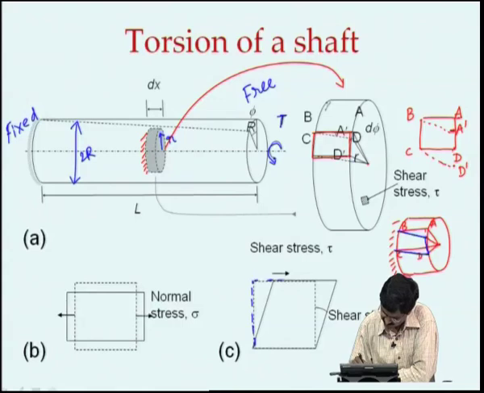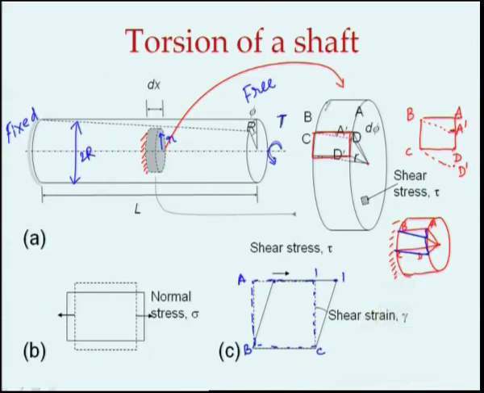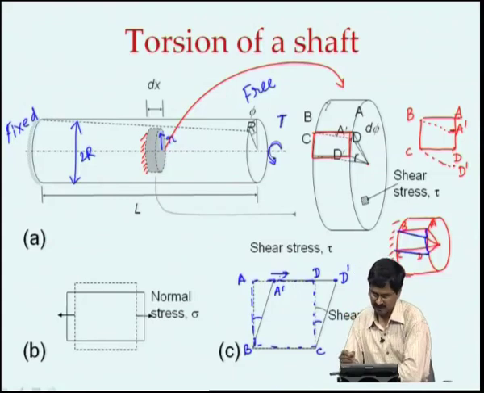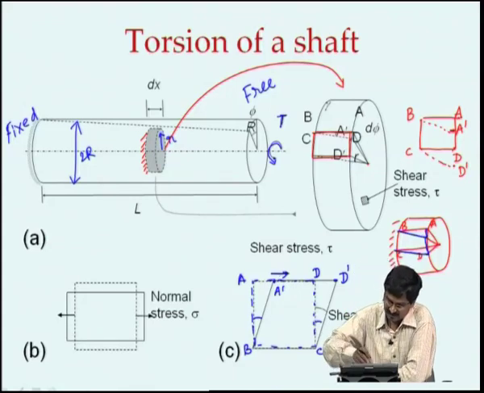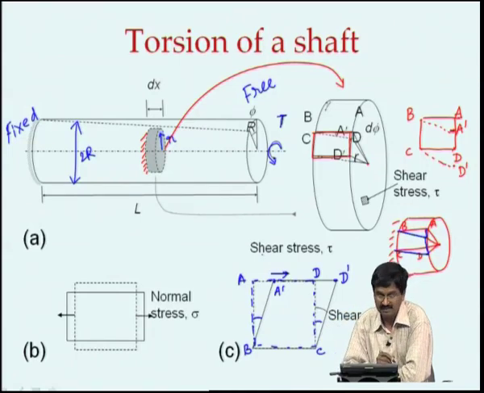I have taken a square as shown here. Now I have moved this point here, just like what has happened here. If this is my A, B, C and D over here, this has moved to A prime, that is this point, and this has moved to D prime. So this has been turned this way, that is, I have applied a force here to make it shear, and that is what happens in torsion, because when this surface rotates relative to the other one, it actually causes a shear.